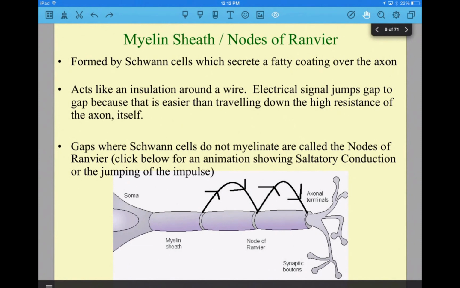Now we get into a little more meat on the bones here, and we look at these regions along here. Turn my pen back on. There we go. And there's little bits of insulation down the axon, and it's wrapped around.